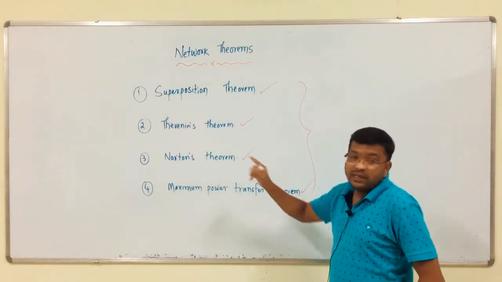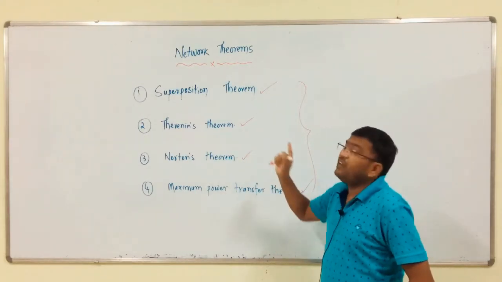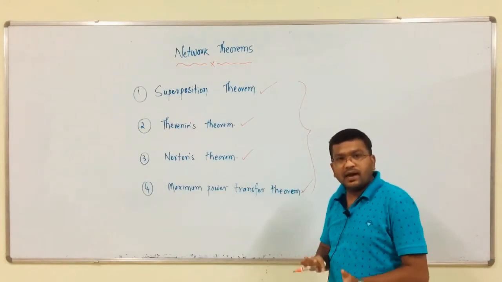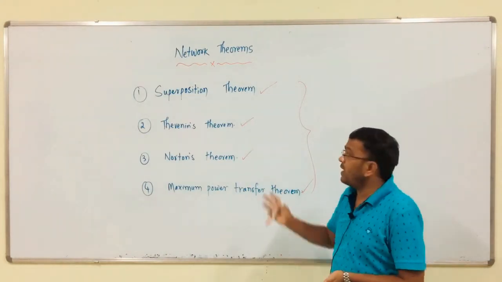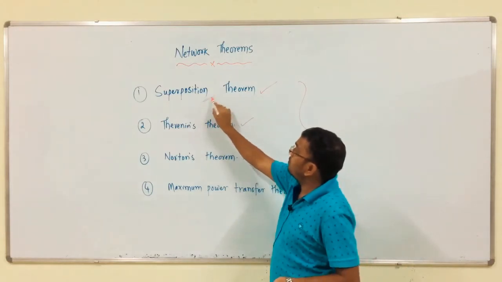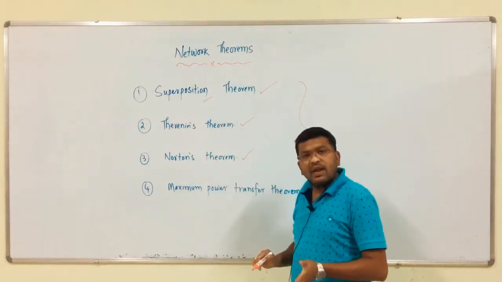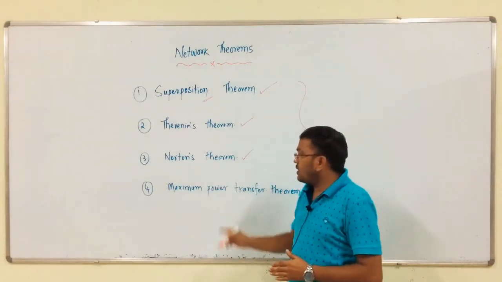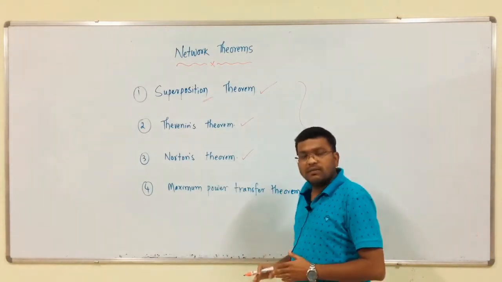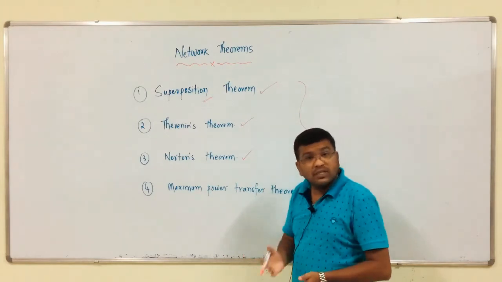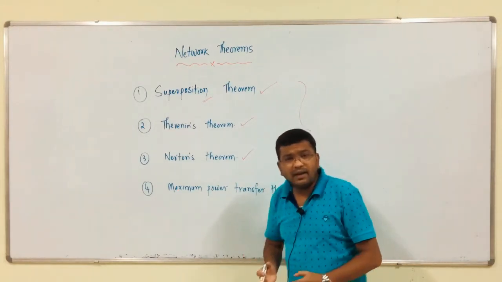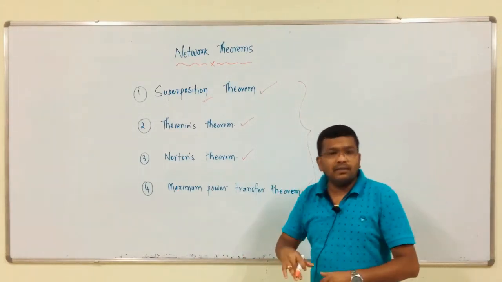Each theorem has its own different procedure to calculate current, voltage or anything. For example, superposition theorem has a different procedure, Thevenin's theorem has a different procedure, and Norton's theorem and maximum power transfer theorem have different procedures to calculate the required parameters.